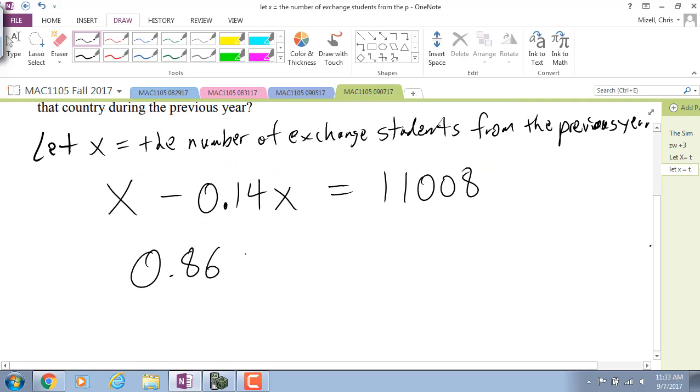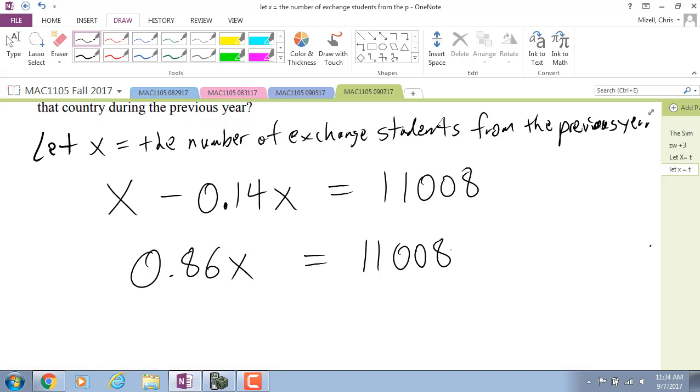So something to keep in mind here. If you want to decrease a quantity by 14%, what you're really doing is calculating 86% of that quantity. 86% of the original is the original decreased by 14%. So if we divide 11,008 by 0.86, this should give us the original number before it was decreased by 14%.